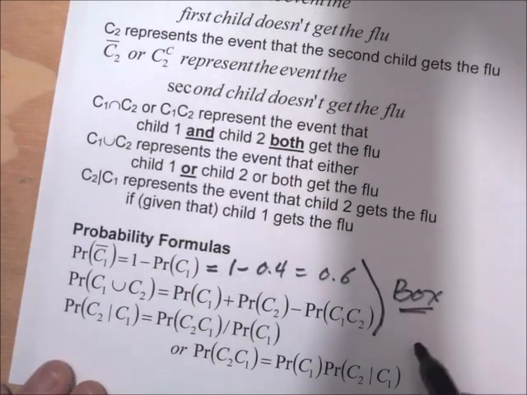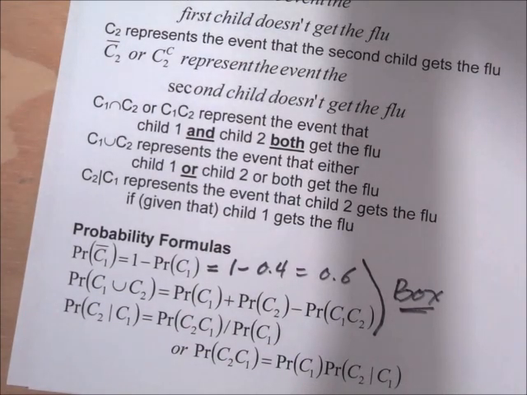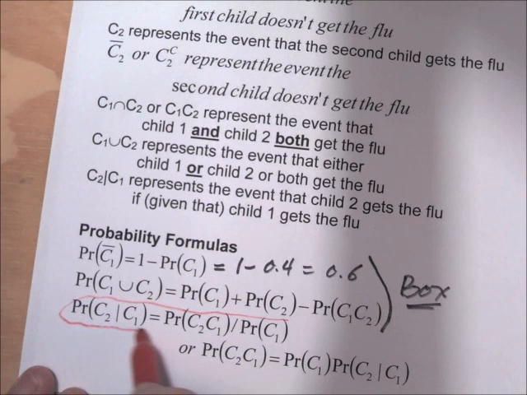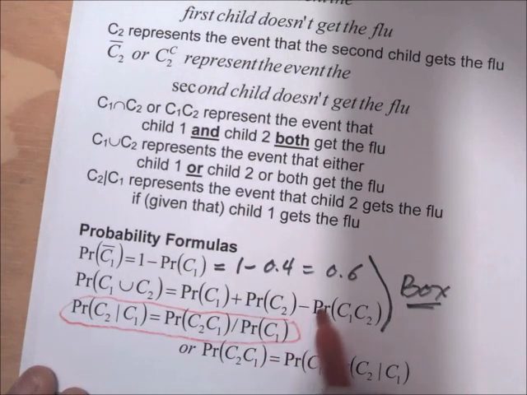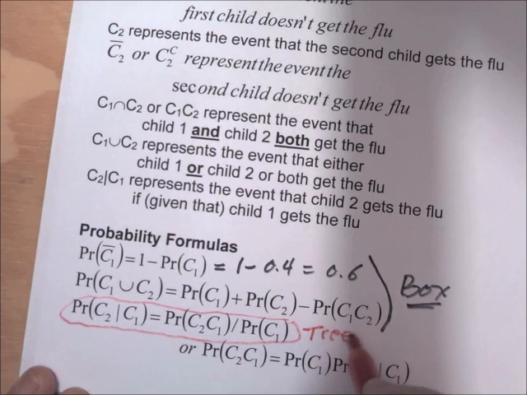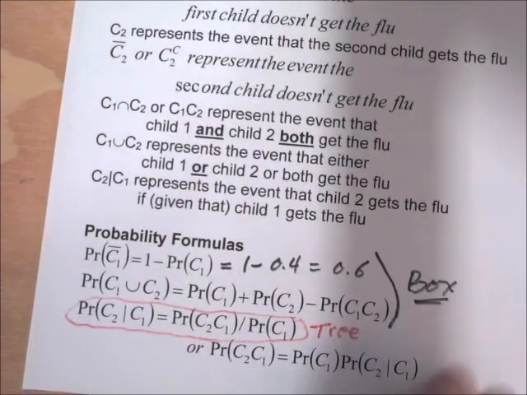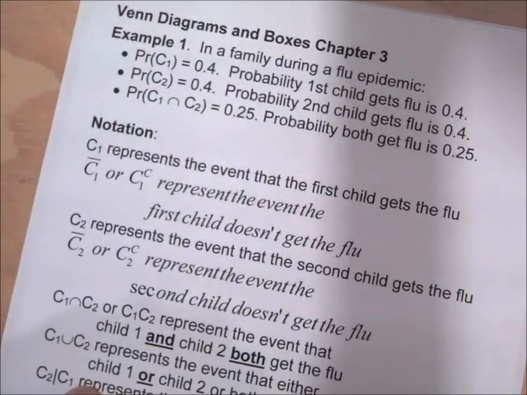And for the conditional probabilities, I usually use a tree. I think if you use boxes and trees, it's a little bit more intuitive than these formulas, which just give you something to memorize without really understanding what's going on.